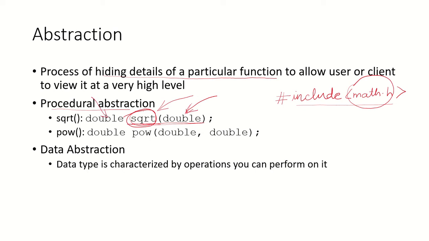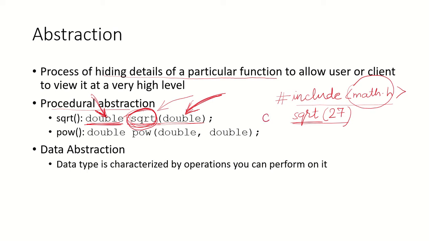So if we just write sqrt(27), even though the square root of 27 will be computed, it has to be retrieved somewhere so that you are able to access that value. We know that this square root function accepts a double as an input parameter and returns a double as the output.